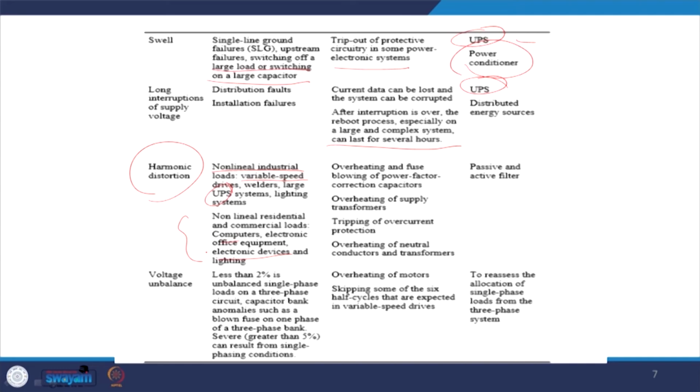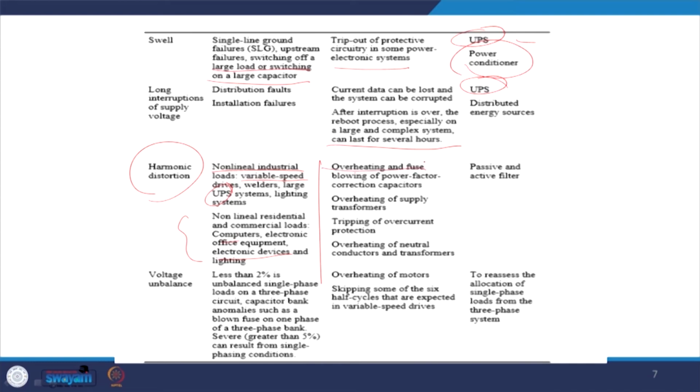So, what is the problem of these harmonics? Overheating, because ultimately it does not contribute to the real power. Harmonic power, if you take the average, is 0, but since current flows through the resistive network, it will be unnecessarily heating the elements.